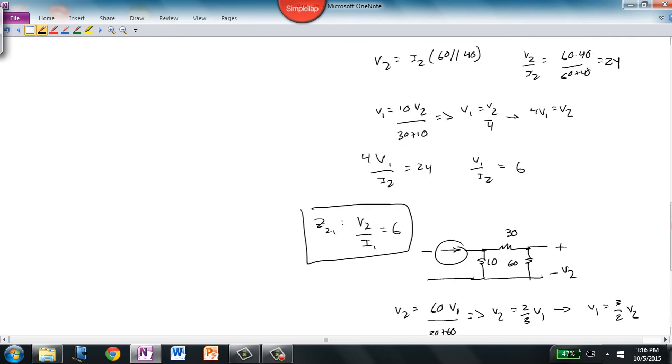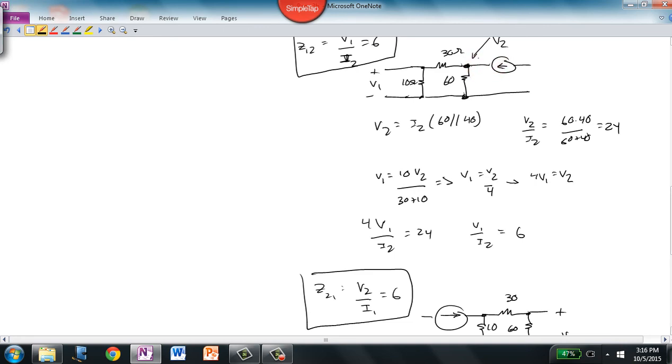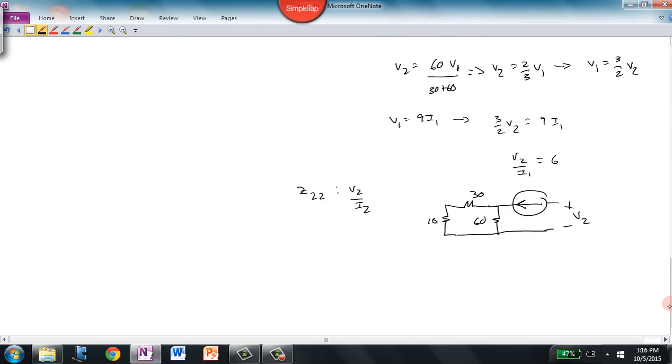Interestingly, I've already done this analysis. I solved it right here when I solved for V2 to I2, so I don't have to repeat that. I can just use this same math to say V2 over I2 is 24. So that is the fourth impedance parameter.